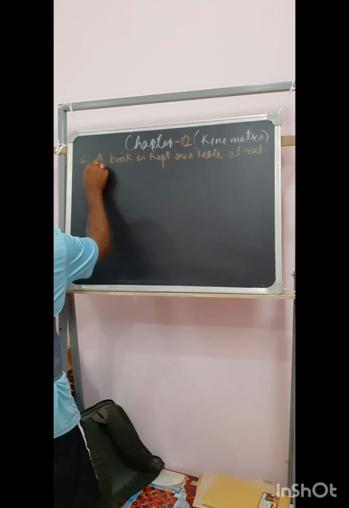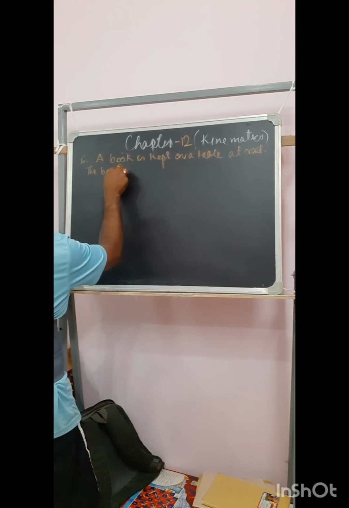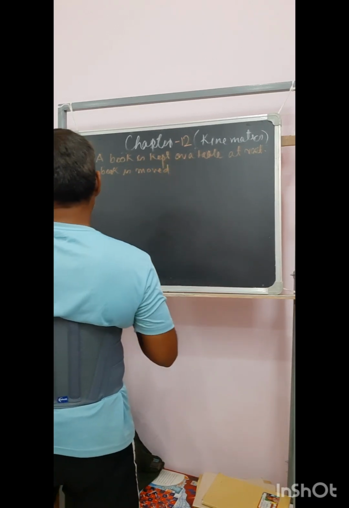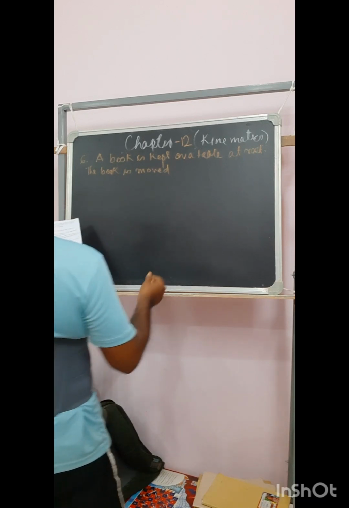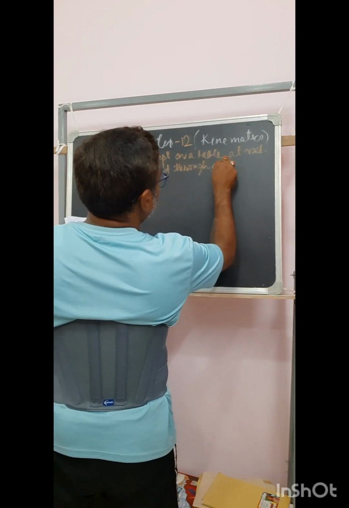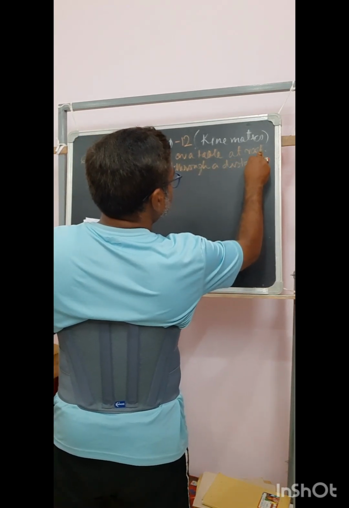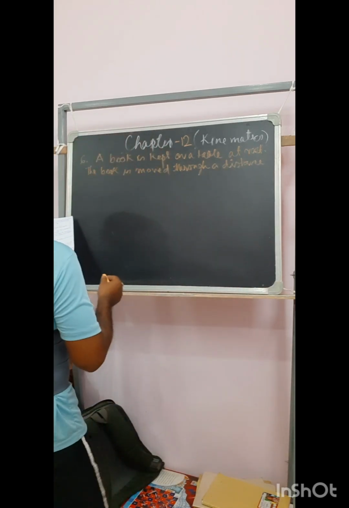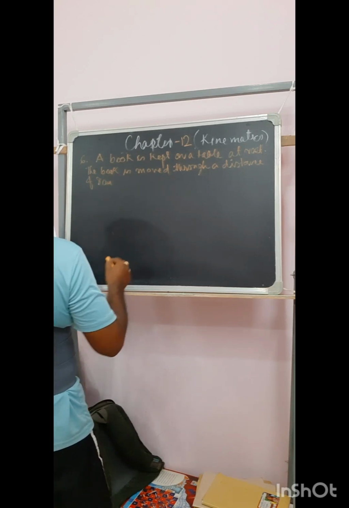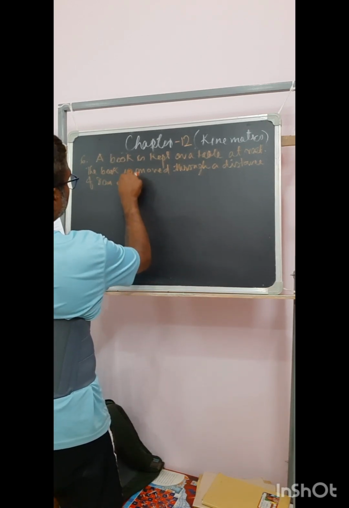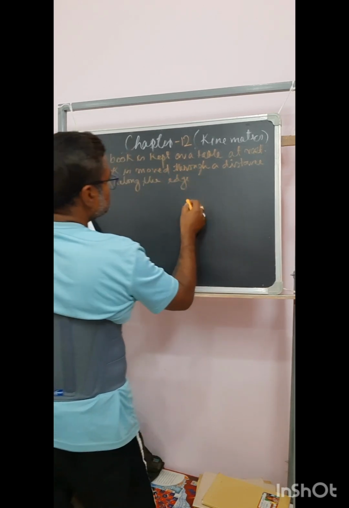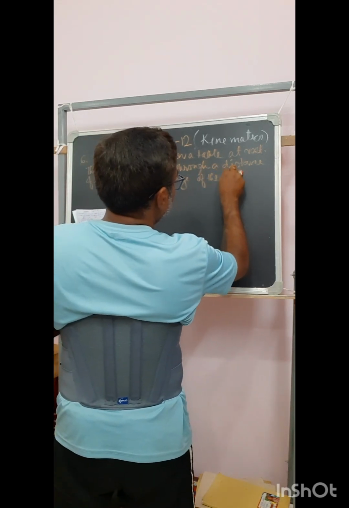The book is moved through a distance of 8 centimeter along the edge of the table.